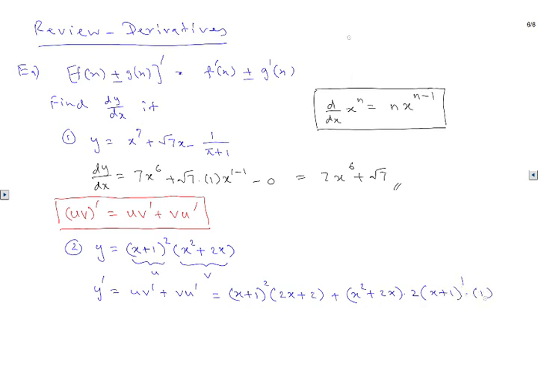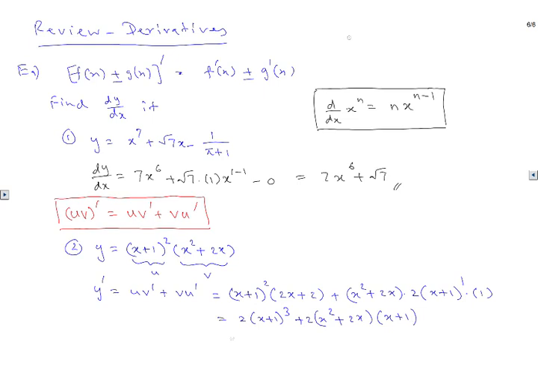Now we try to get the common factors out. That's the easiest way to simplify these kinds of things. You can take the 2 out, so you get x plus 1 squared times another x plus 1, so (x plus 1) cubed, and then we have x squared plus 2x, and we already have the 2 out, so it is x plus 1.